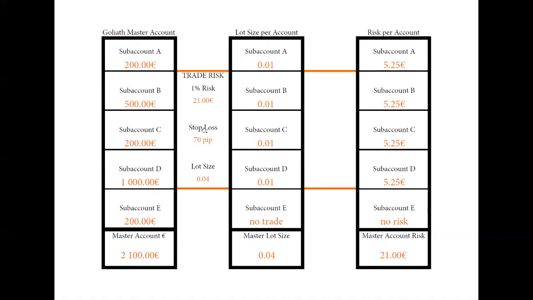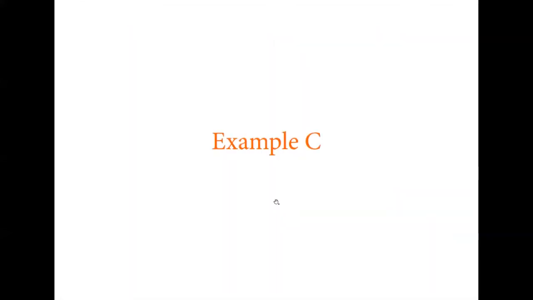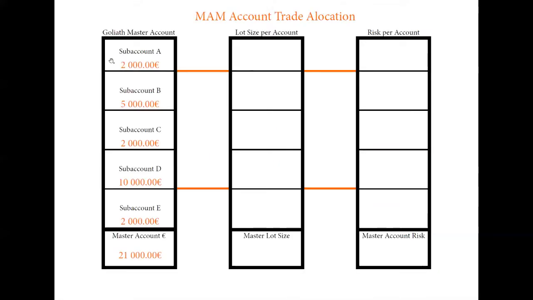If after this trade, we do another trade with the same characteristics, now the positions will circle. So now sub-account A will not have a trade, and the positions will start on sub-account B and go through E, and so on.